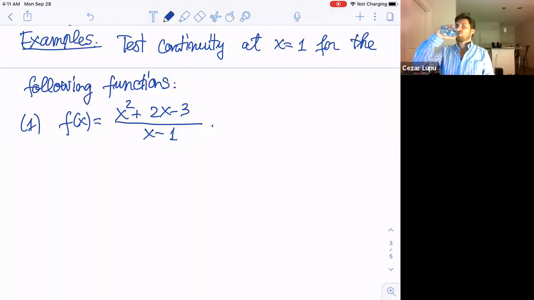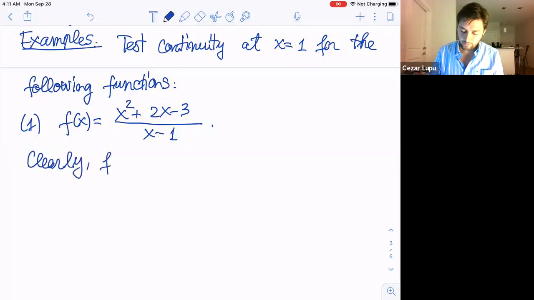If we look at it, we need to see how this function is defined. This is a rational function, and clearly we have a problem at 1. So clearly f is not defined at the point x equals 1.